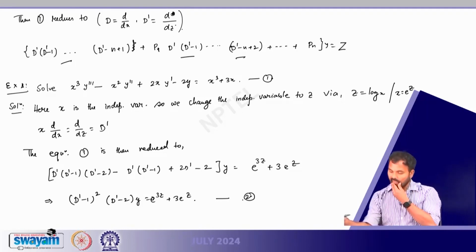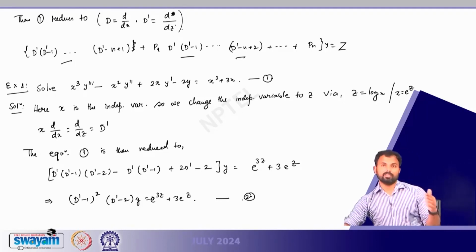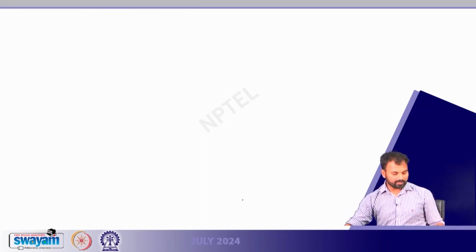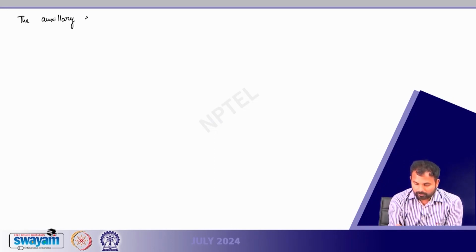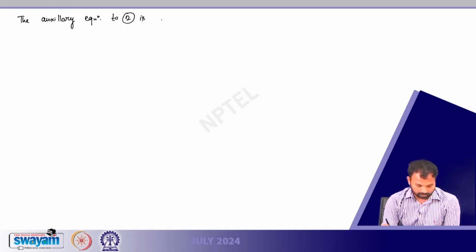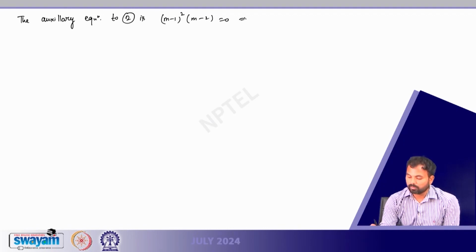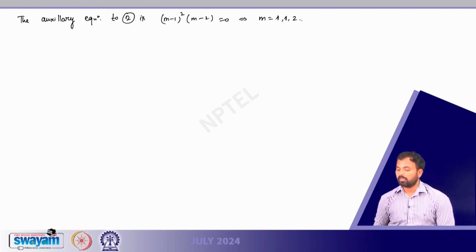Now we will apply the techniques that we have learnt in the previous chapter and see how to solve this. The auxiliary equation of 2 is m minus 1 whole square into m minus 2 equals 0. So basically m equals 1, 1, 2.